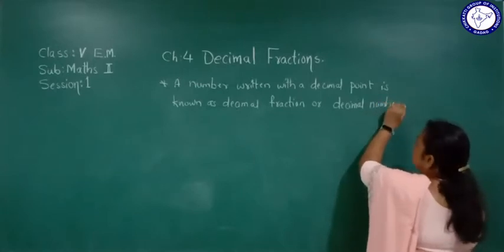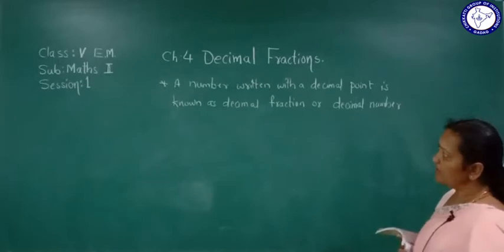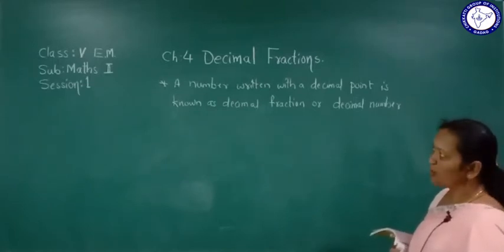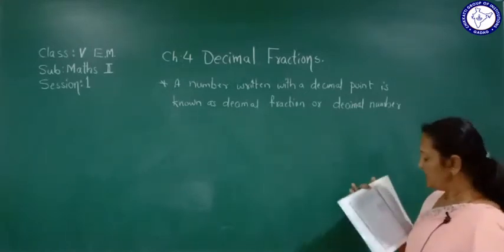This is what we learnt about decimal numbers. A number with a decimal point, any number, if it is written with a decimal point, is known as a decimal fraction, or we call it a decimal number.